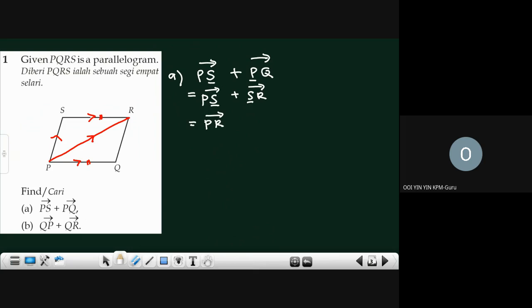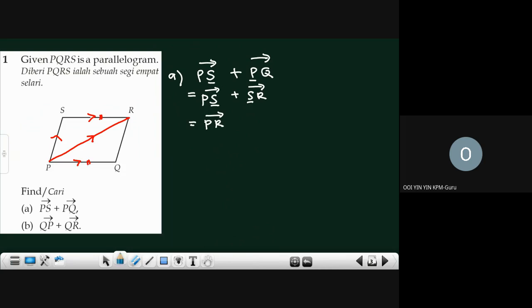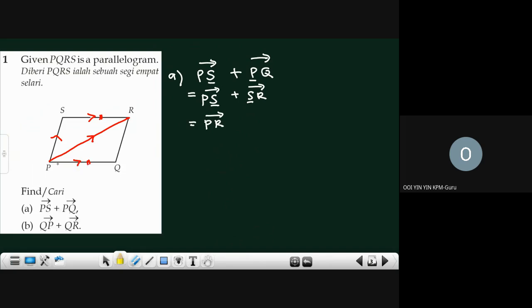Is there any other way? There's one more way. Yeah, if you can see that, this is the other solution for PS plus PQ. If I don't want to use SR, is there any other way I can use?